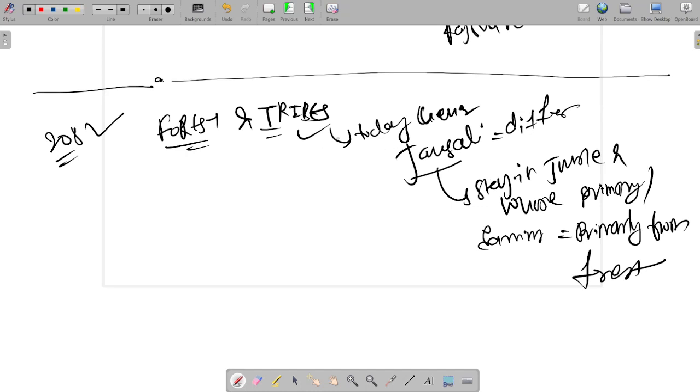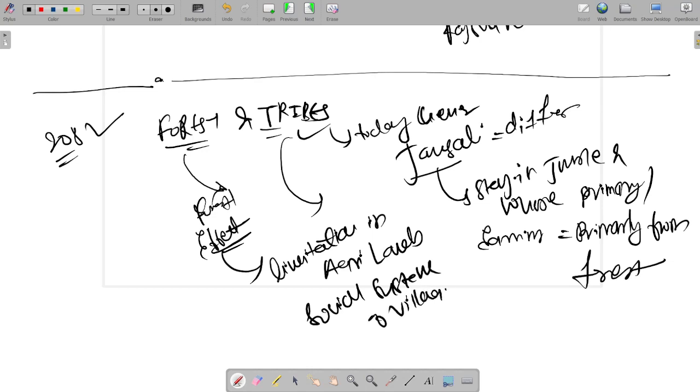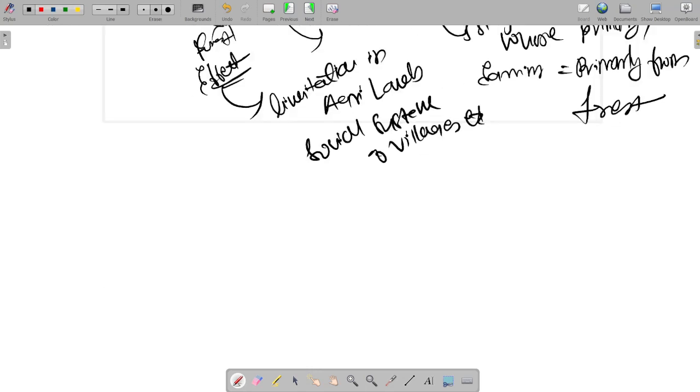Guys, why were the people moving to jungles or forest? This is rather an effect caused due to the limitations in agricultural lands, social systems of villages, etc. Due to this, the people were moving towards the forest.